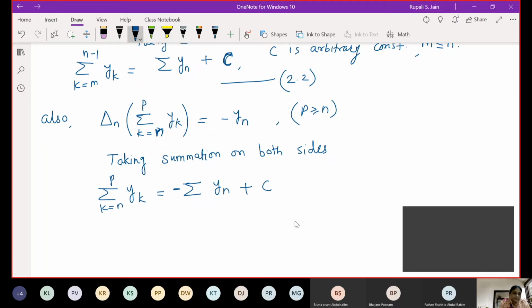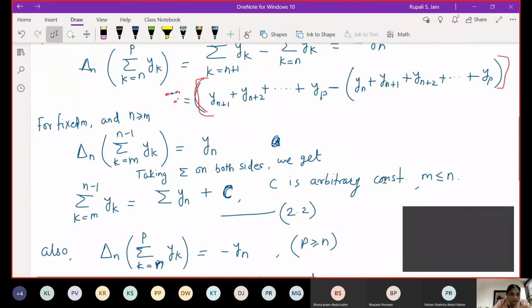Is that right? Or I can write this as, let me write here also, the summation of yn. Okay, now in 2.2 you can see I want the indefinite sum yn. So I will take this indefinite sum yn to the LHS, and this I will take to the RHS.